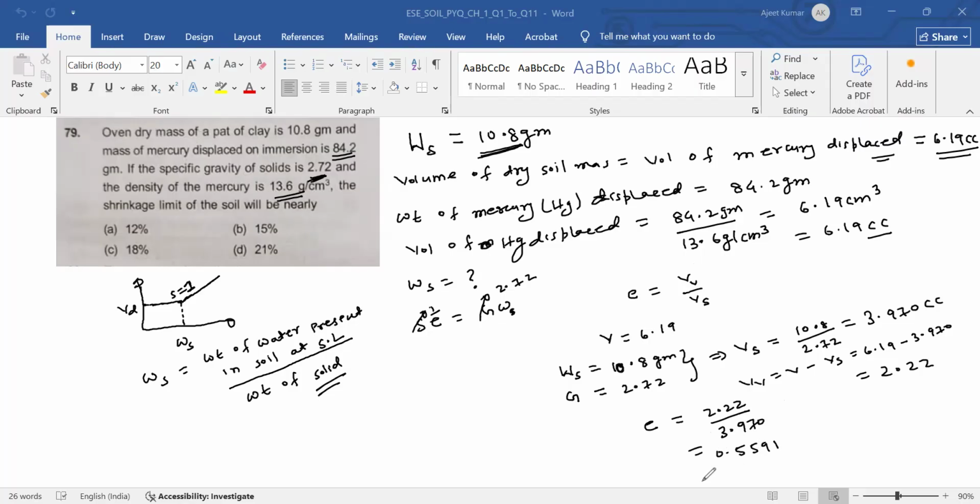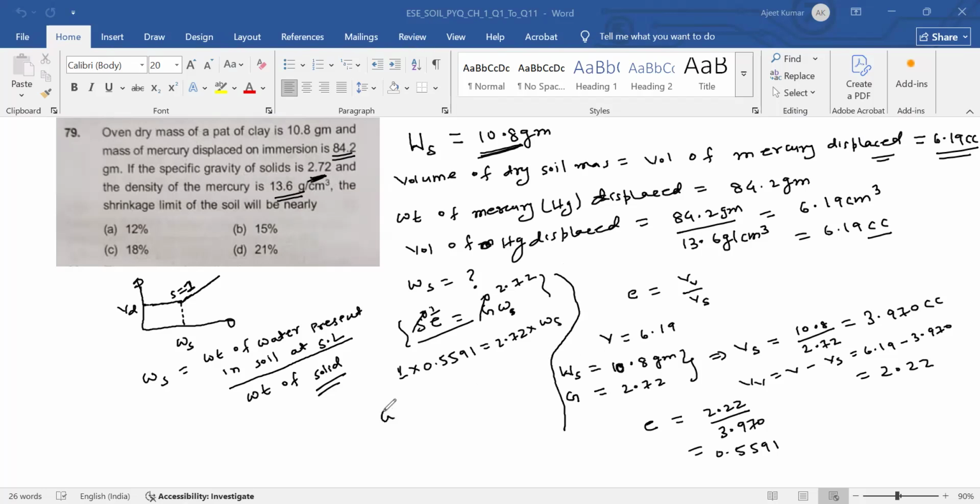Okay, and when we put this e value in this expression, S is 1, so 1 into e, 0.5591, is equal to 2.72 into w.